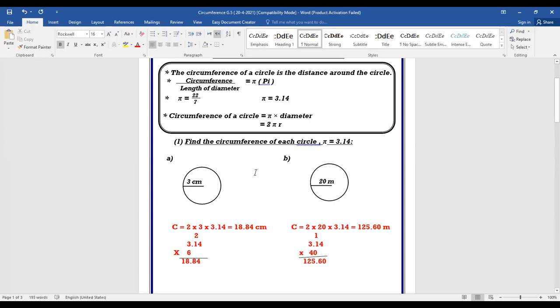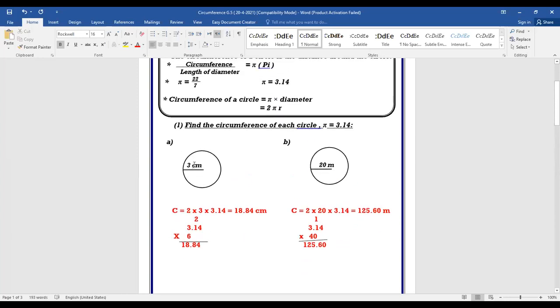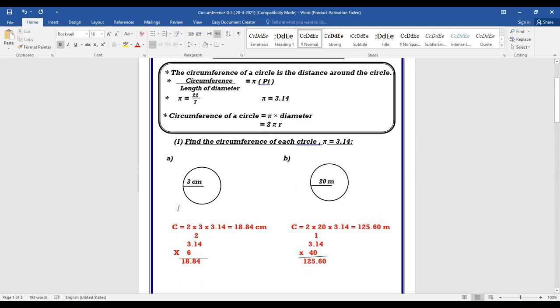Okay, again, the topic is very simple. If you have the radius, we use this formula: 2, always 2, multiply the length of the radius, multiply 3.14. This gives you the circumference. For example, here we have 3.